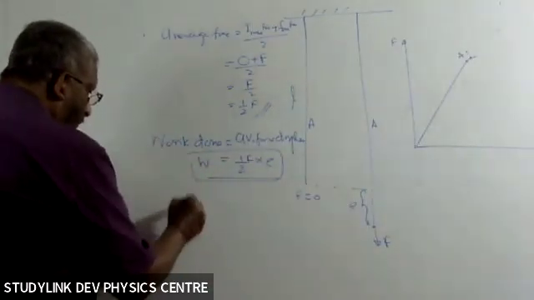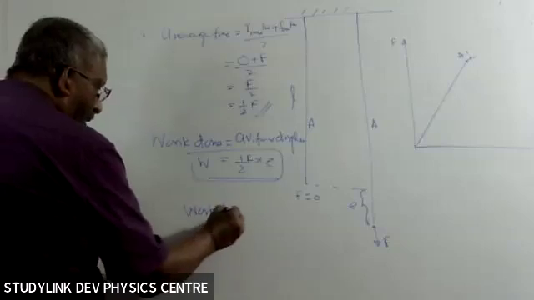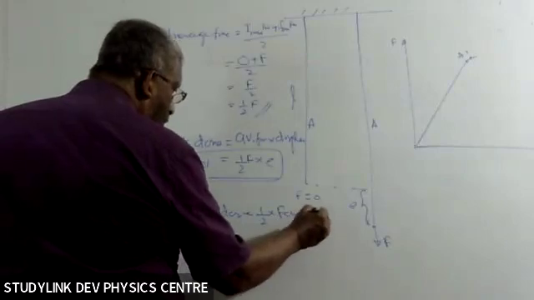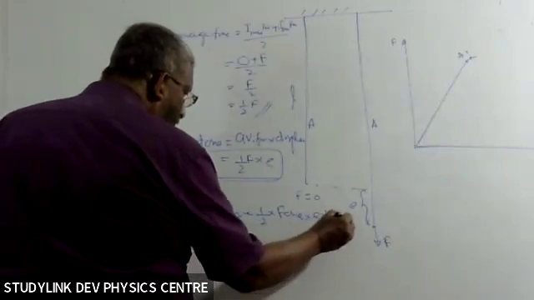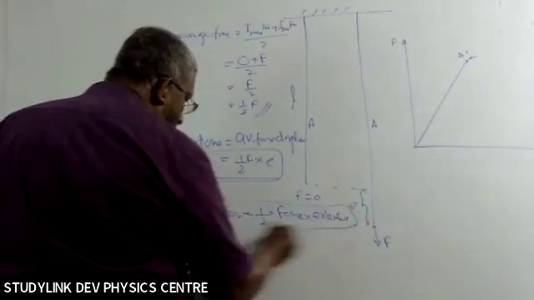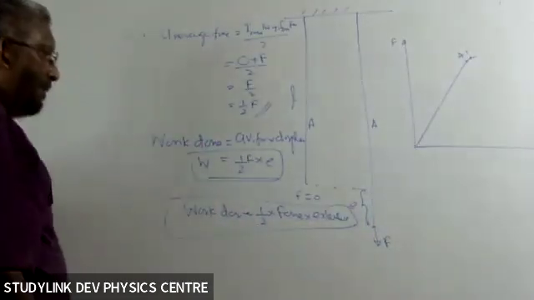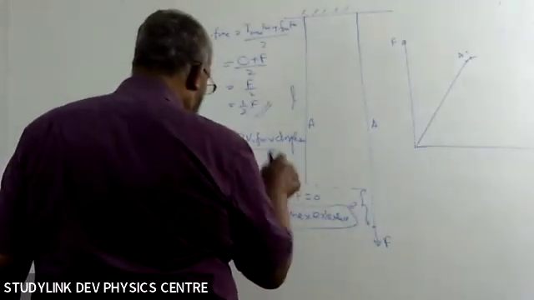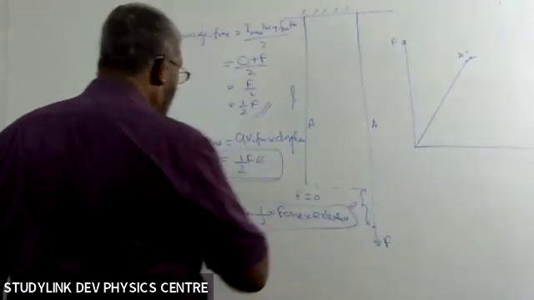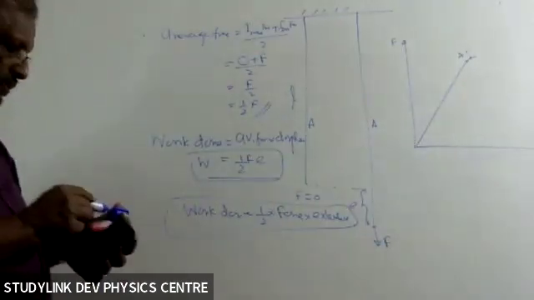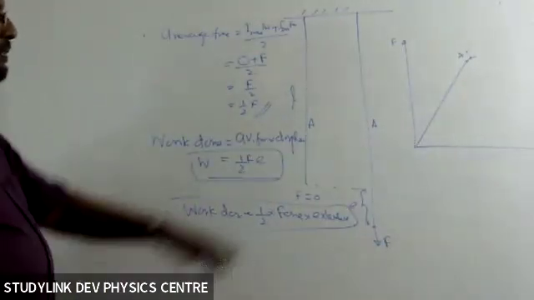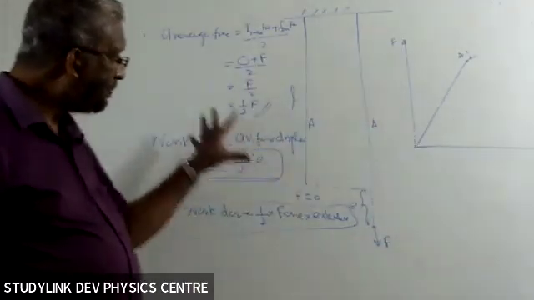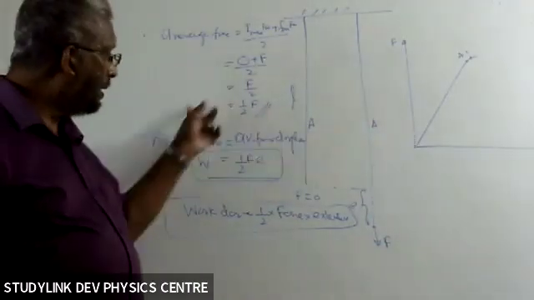That means work done is equal to half into force into extension. Word equation. This is F into E, better say Fe. Right, note down. This one don't draw. I will explain that. These two and this.